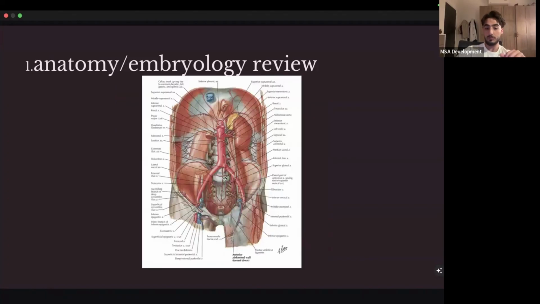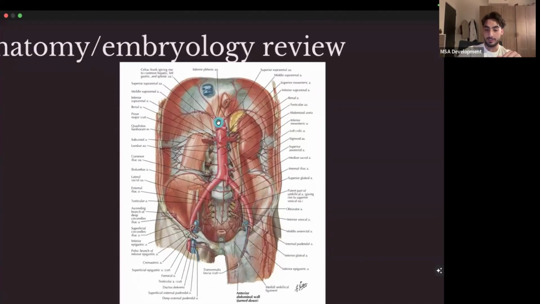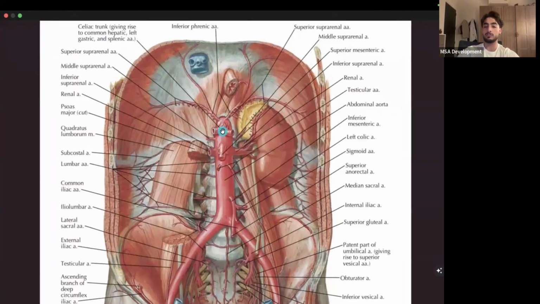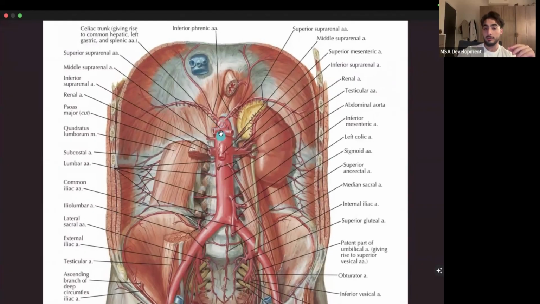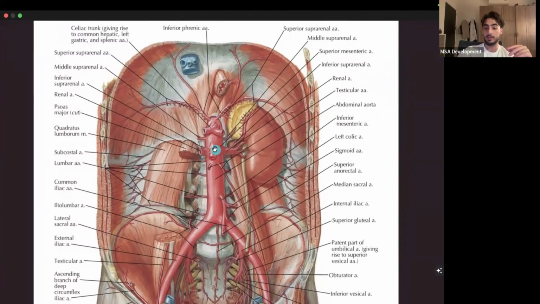Okay. So again, just to take a closer look, imagine we took away all the bowels and all the stomach and everything. We have the celiac trunk right here, and then we have the superior mesenteric artery right here, and then the inferior mesenteric artery right here.